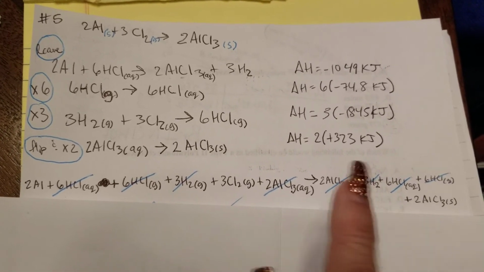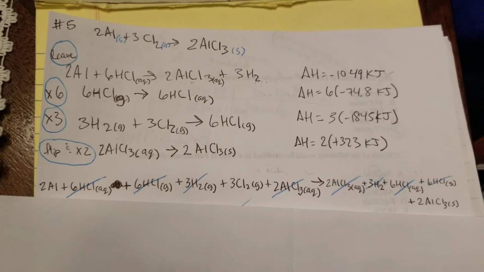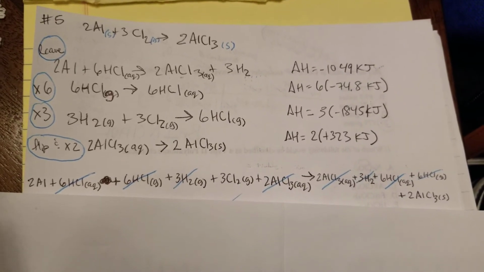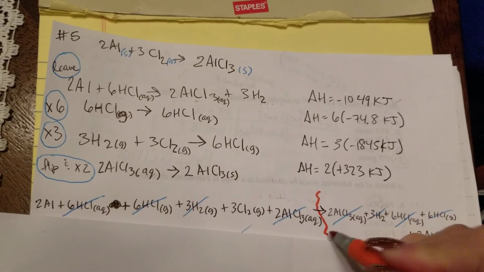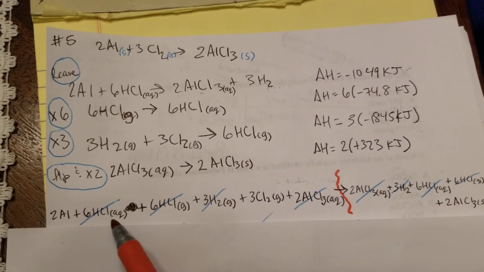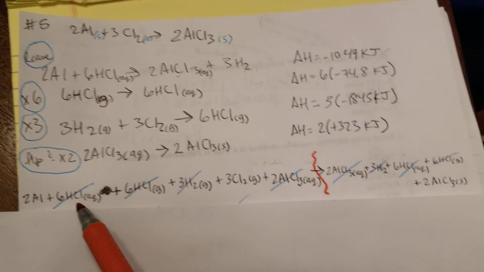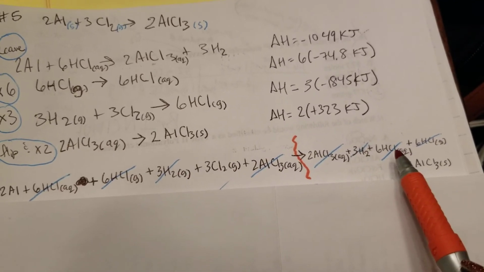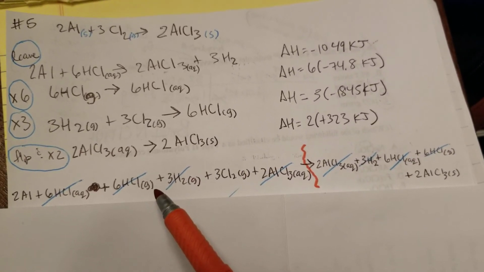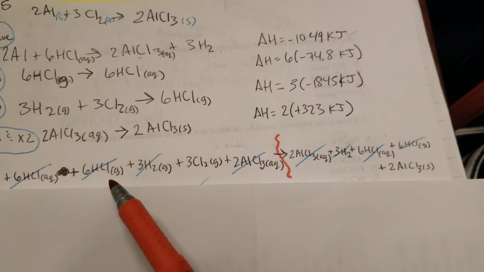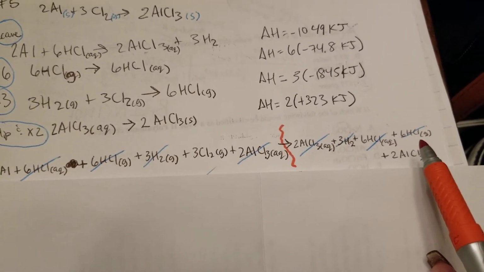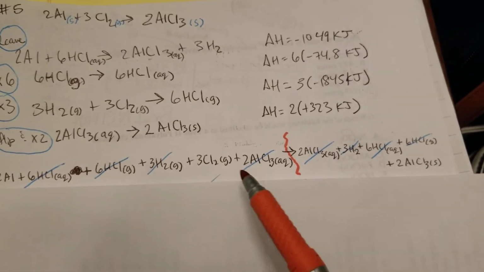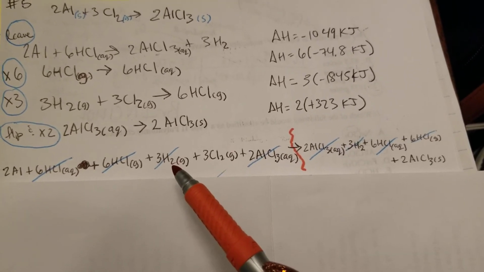When you look at what's on the product side and what's on the reactant side, and you cancel things out, again, here's my arrow. So the 6 aqueous HCl's cancel. The 6 gaseous HCl's cancel. The 3 moles of H2 cancel.